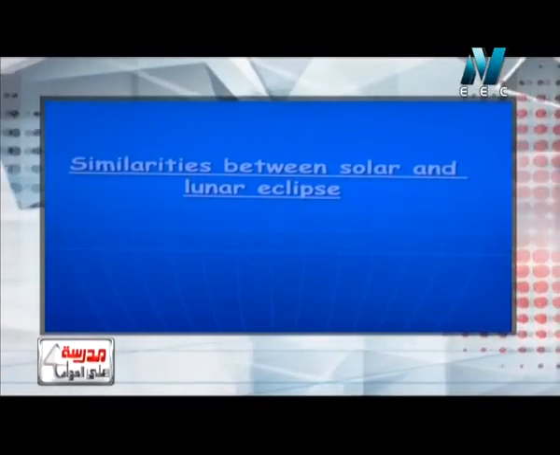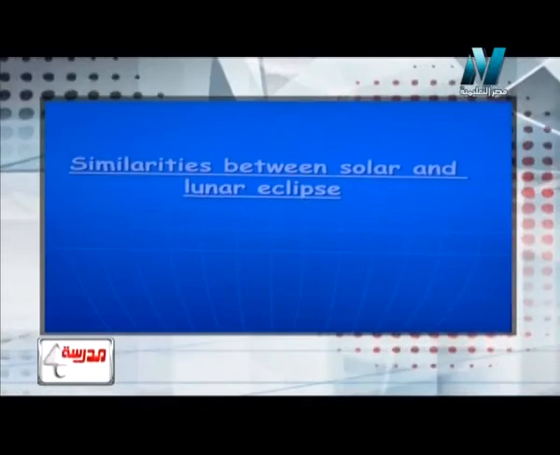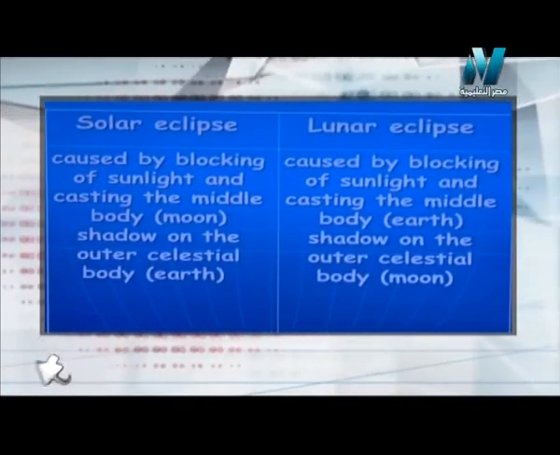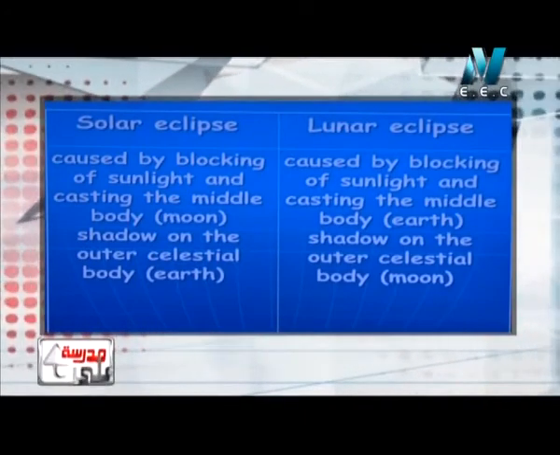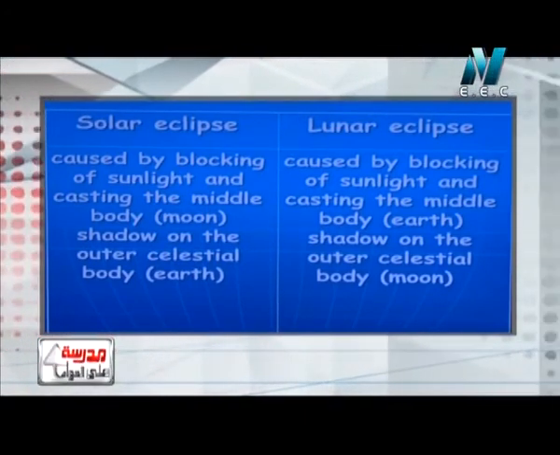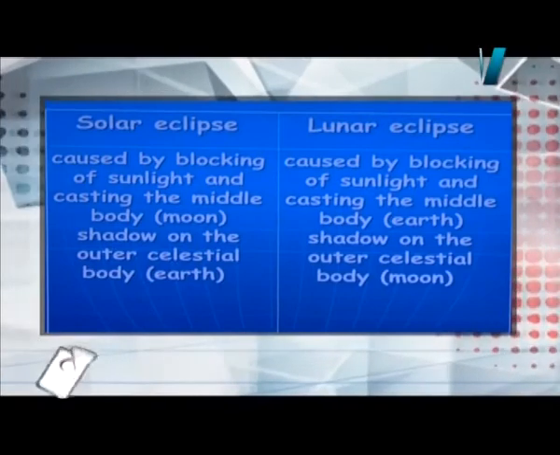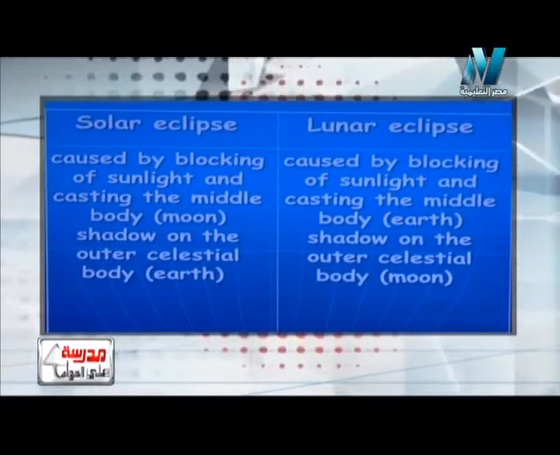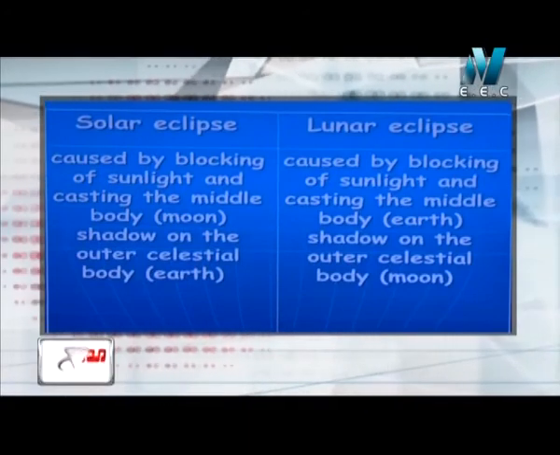Okay, so we can make differences and similarities between solar and lunar eclipse quickly because we have no time. Solar eclipse is caused by blocking the sunlight and casting the middle body, which is the moon in this case, shadow on the outer celestial body. It happens when the moon blocks sunlight from the Earth. So what about lunar?